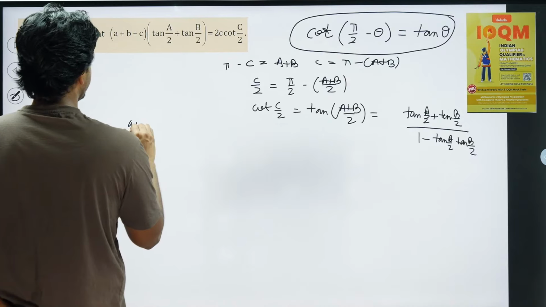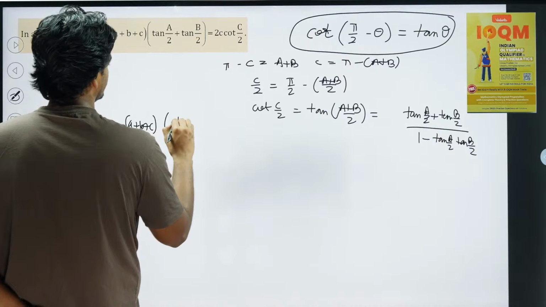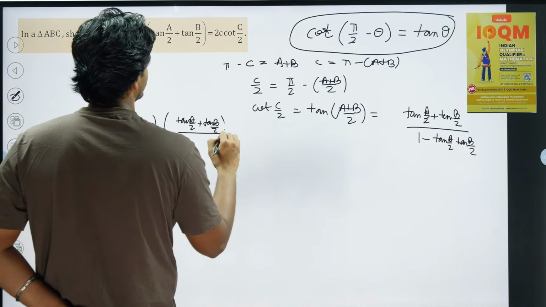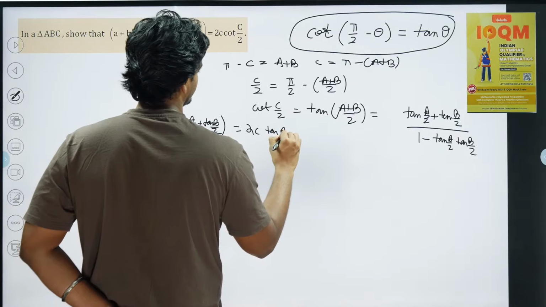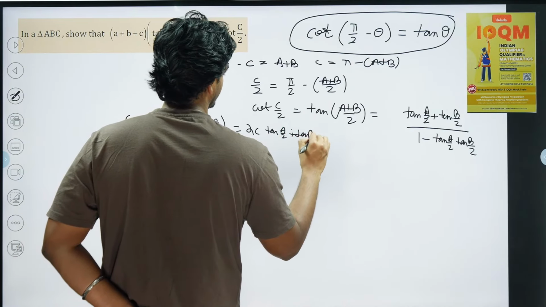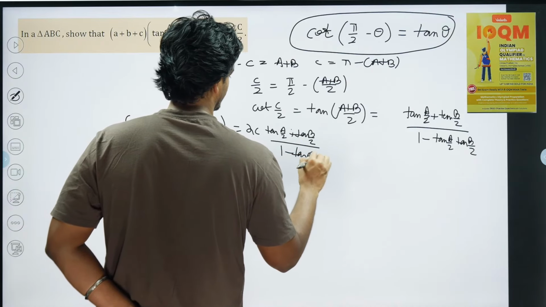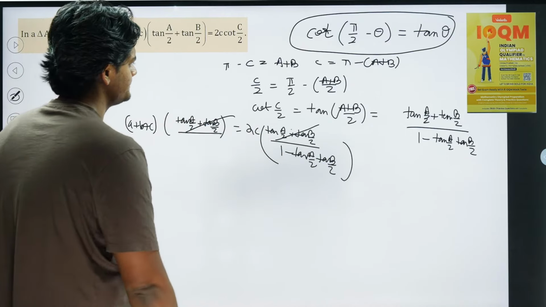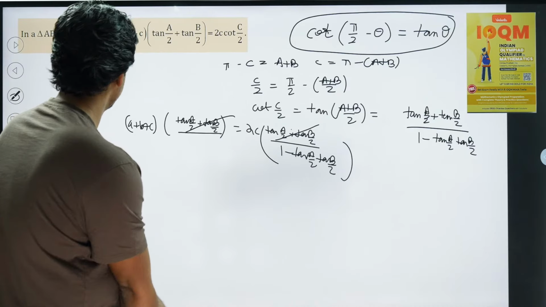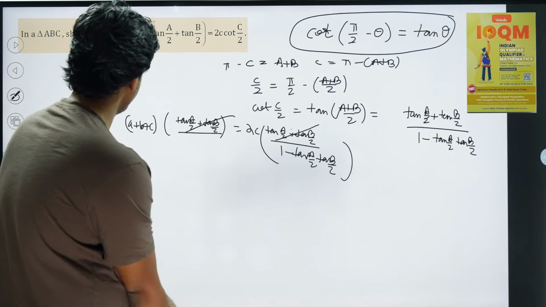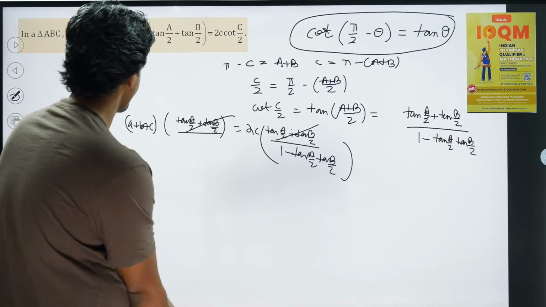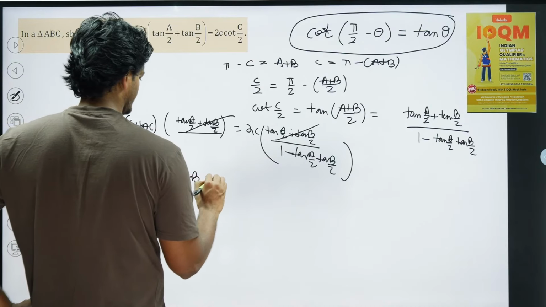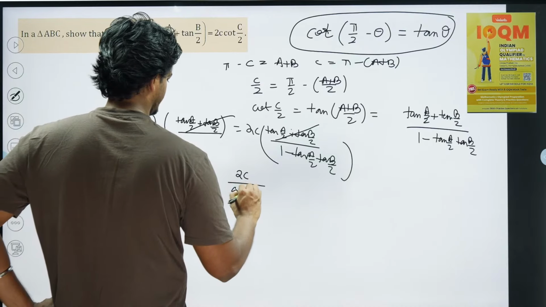So that implies I can write this as (A + B + C) times tan A/2 plus tan B/2 over 1 minus tan A/2 tan B/2. Would this help?